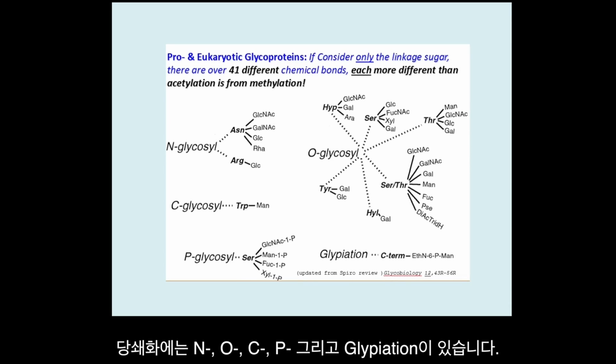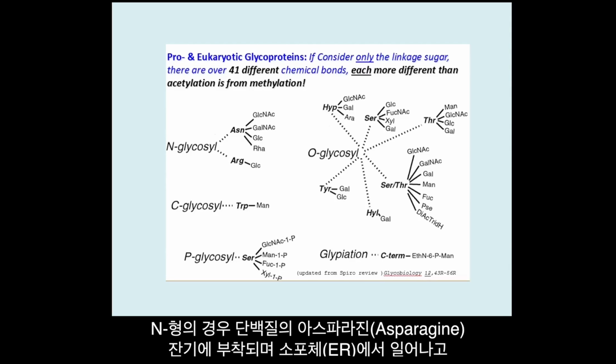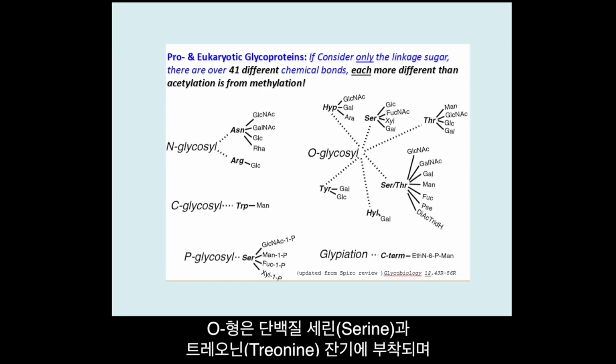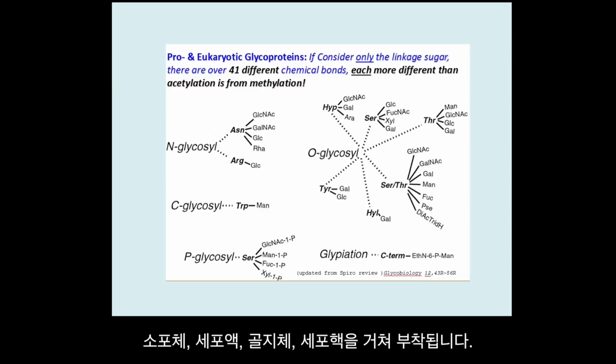Glycosylation can be categorized under different types: N-link, O-link, glycation, C-link, and phosphoglycosylation. In N-link glycosylation, the glycan binds to the amino group of asparagine in the endoplasmic reticulum. In O-link, it is characterized by monosaccharide which bind to the hydroxyl group of serine and threonine in the ER, Golgi, cytosol, and nucleus.